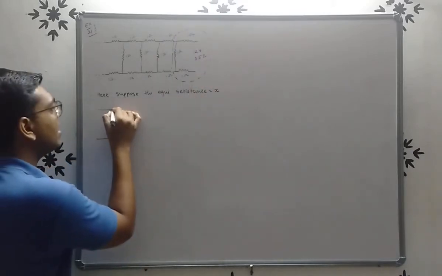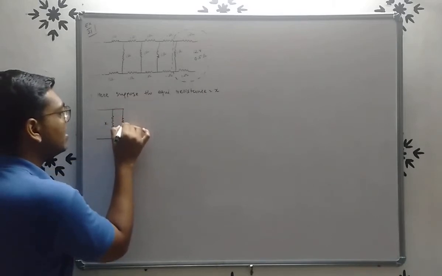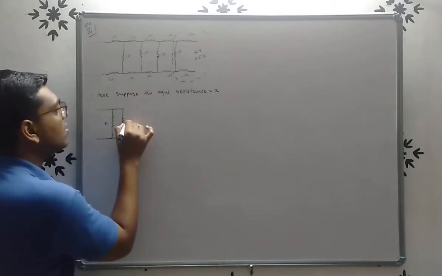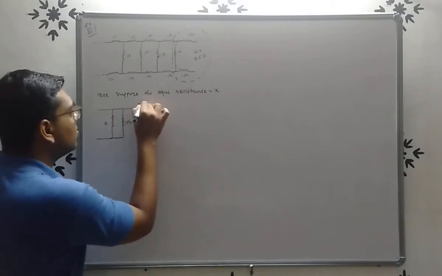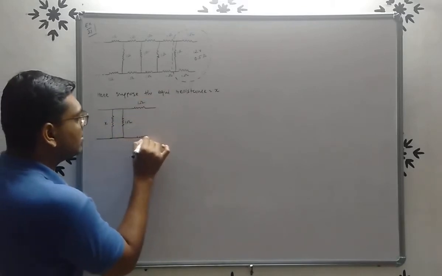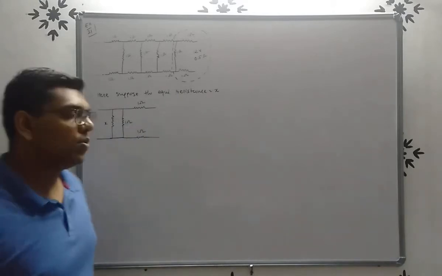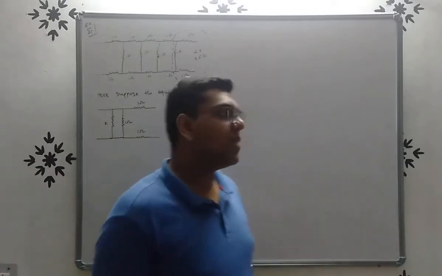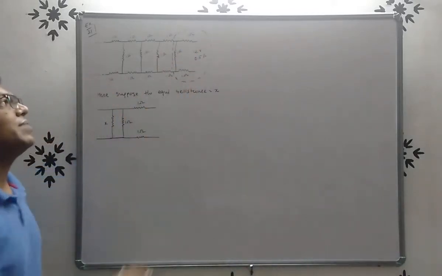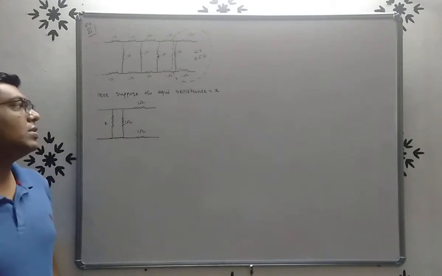So here we add this small element. This is 1 ohm, then this is 1 ohm, and here this is also 1 ohm, right? So to find out the equivalent resistance we add some small element into this.